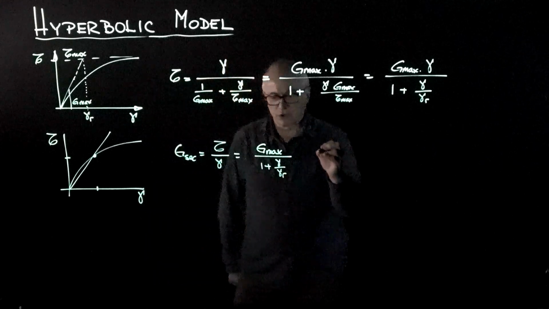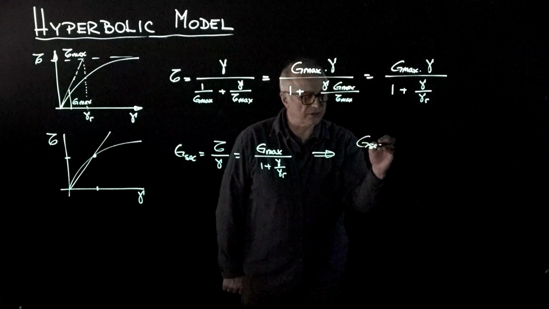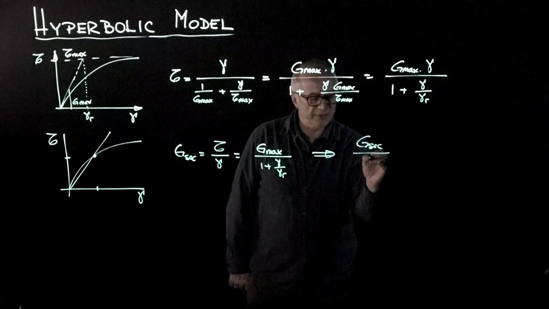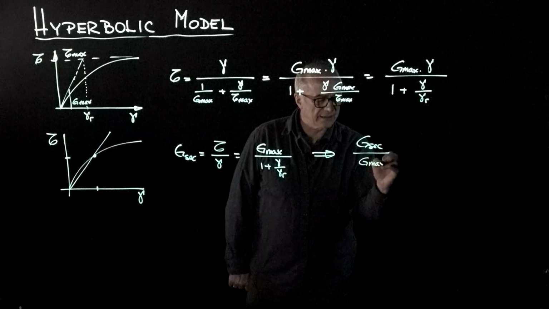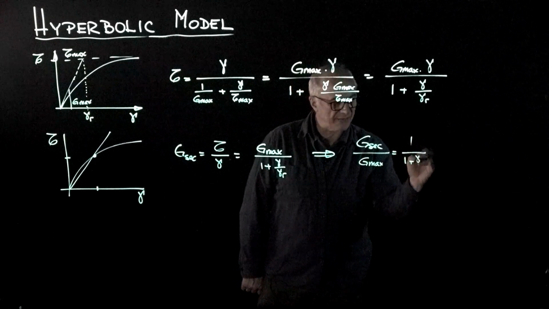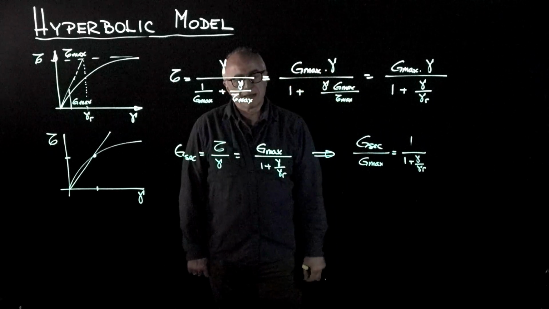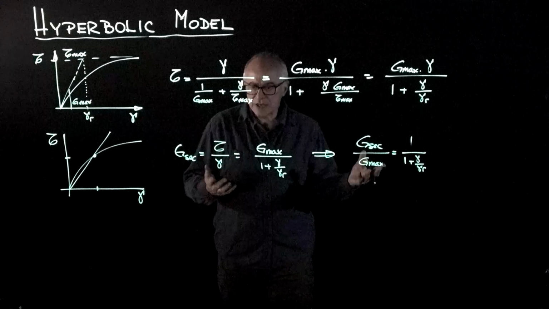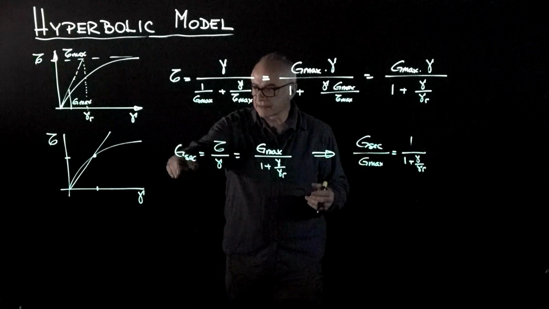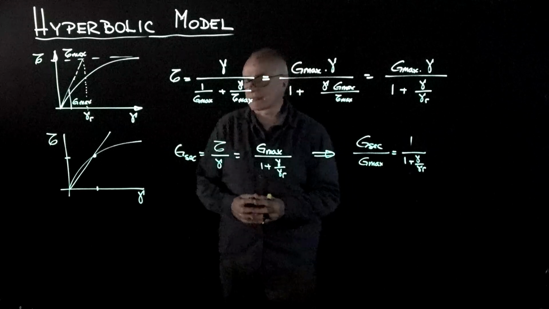We can go further and normalize and say that the secant modulus with respect to Gmax decreases as 1 over 1 plus gamma over gamma reference.